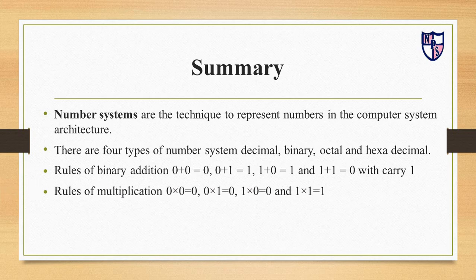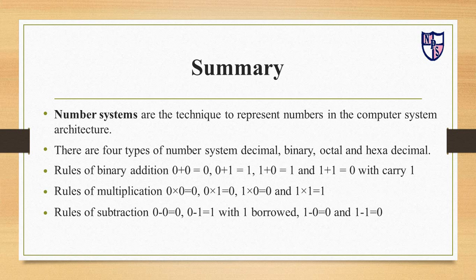Rules of multiplication are 0 multiplied by 0 is equal to 0, 0 multiplied by 1 is equal to 0, 1 multiplied by 0 is equal to 0, and 1 multiplied by 1 is equal to 1.